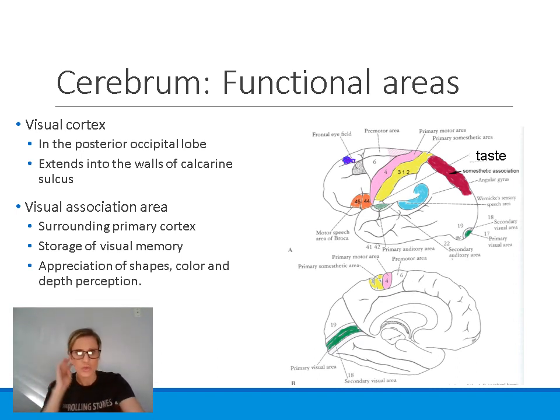So next, the visual cortex and the visual association area. The visual cortex and visual association area are back in the occipital lobe, so back in the very, very back of the brain.